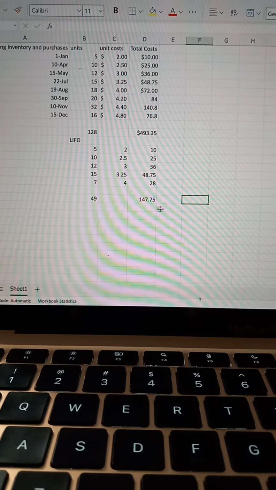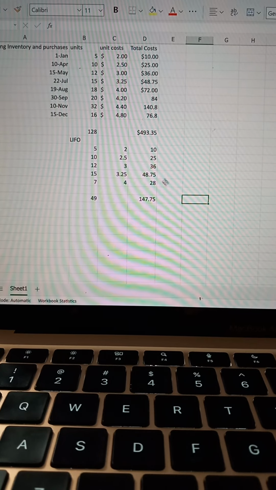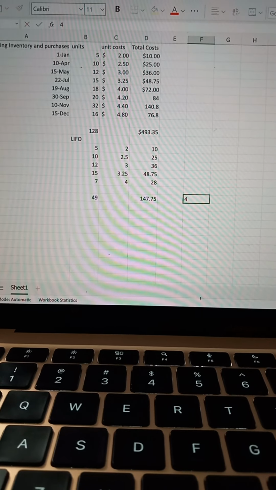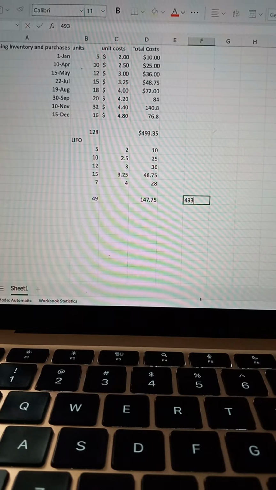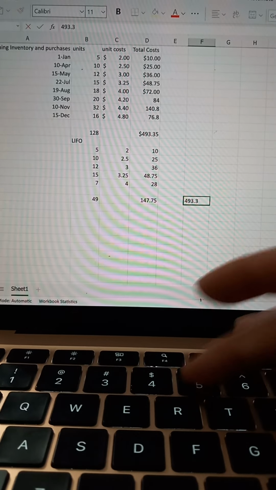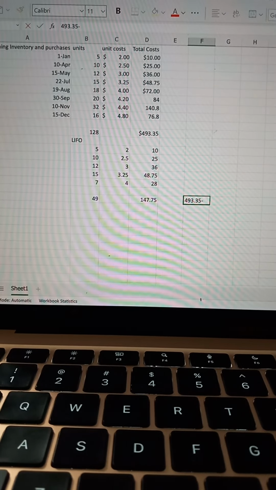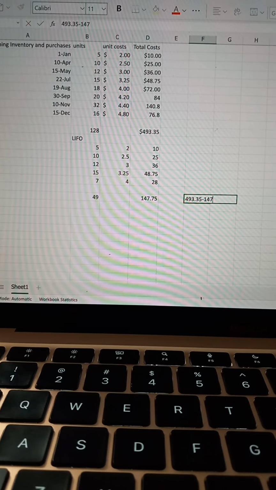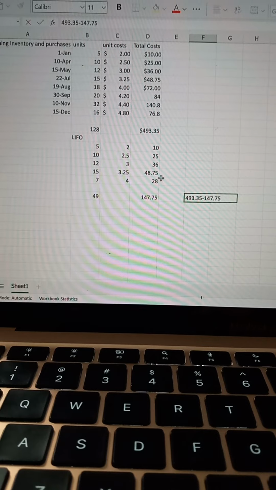And this is our LIFO value. We're going to subtract them, so it's going to be 943.35 minus 147.75.